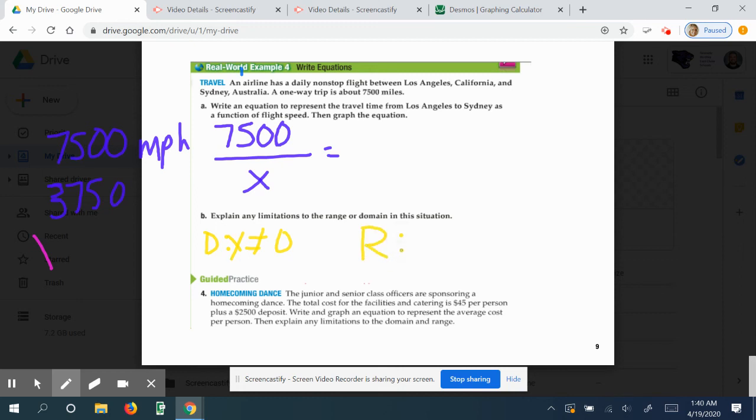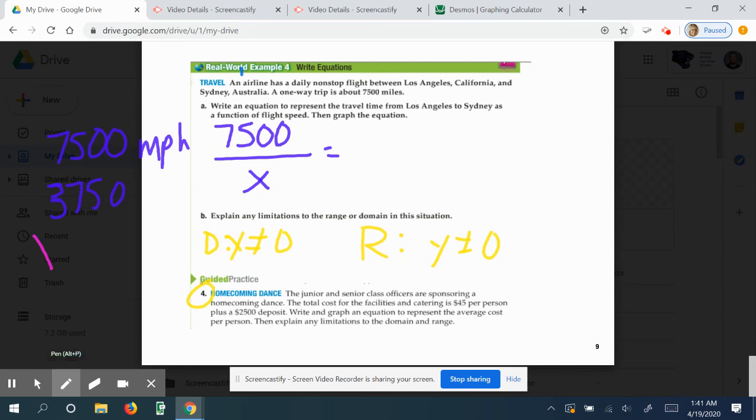Also, our range is y cannot equal 0, meaning you can't instantaneously go from Los Angeles to Sydney. It just doesn't make sense to do that. So the only limitations that we have for these are that you can't be going 0 miles an hour, and you can't instantaneously show up between the two continents.